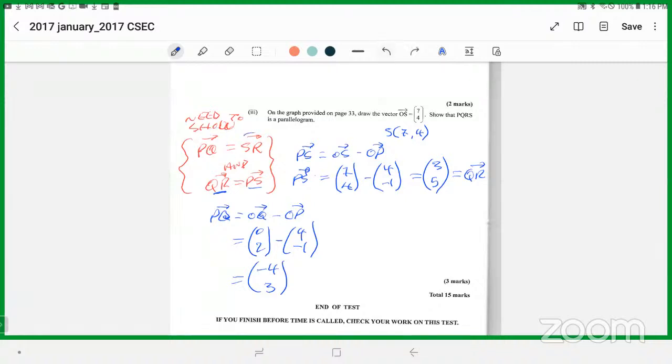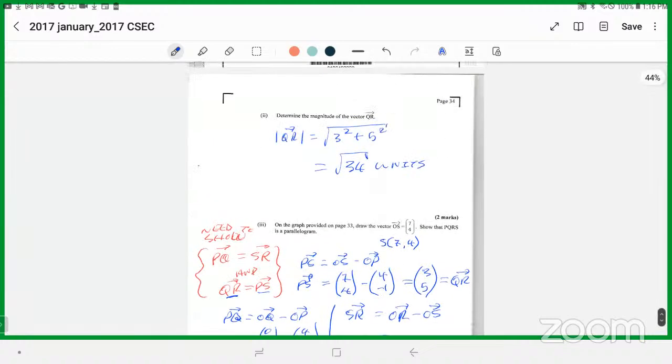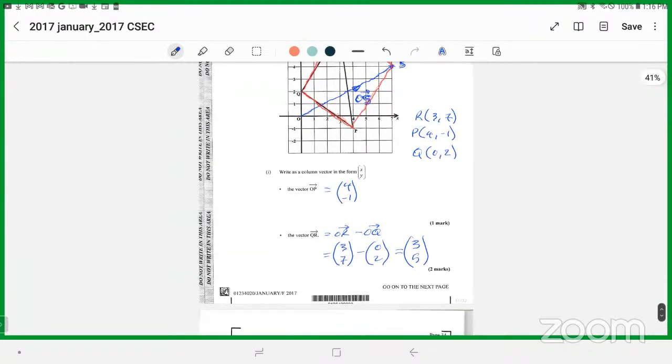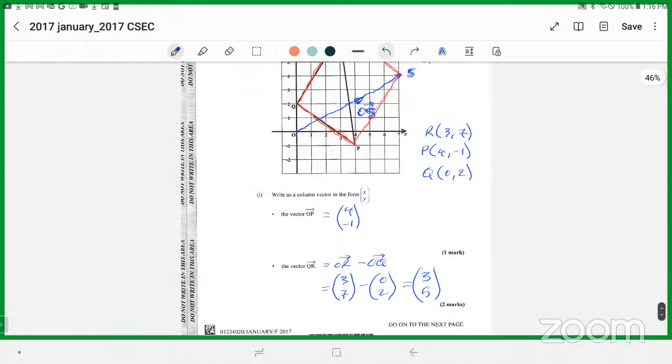We need to work out now the SR right here. So the SR is equal to OR minus OS. What is the OR again? The OR was (3, 7).